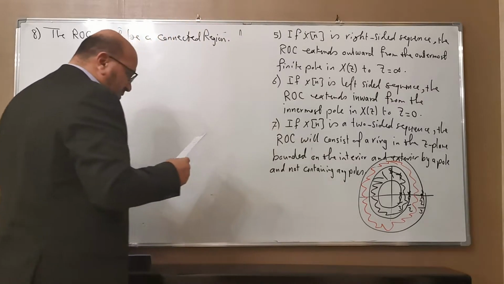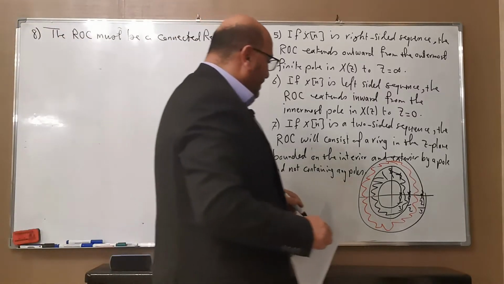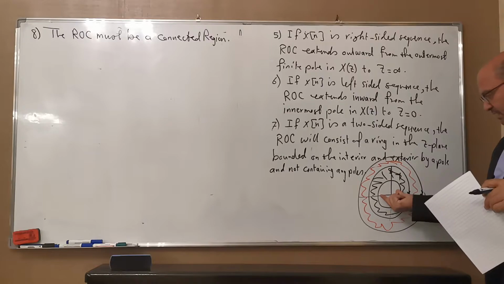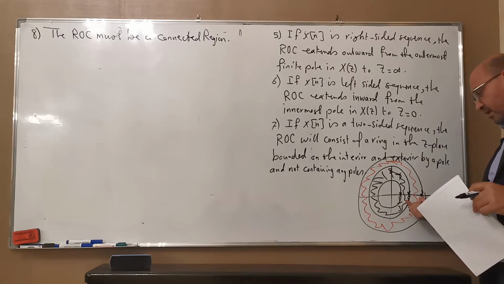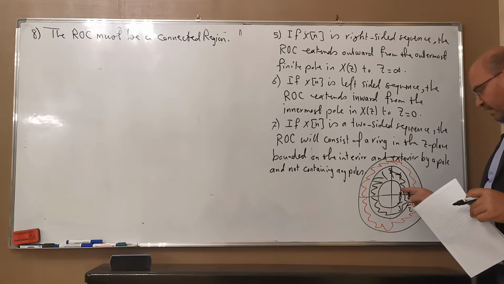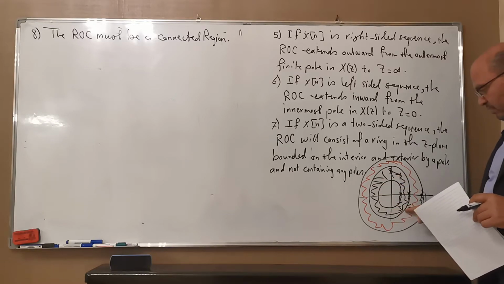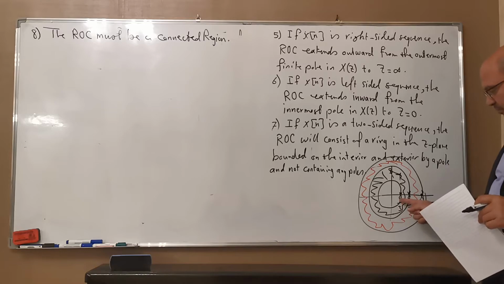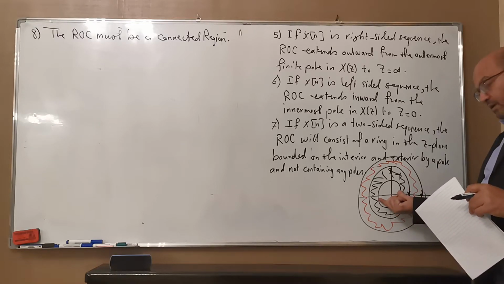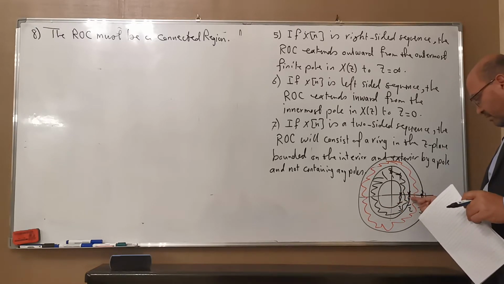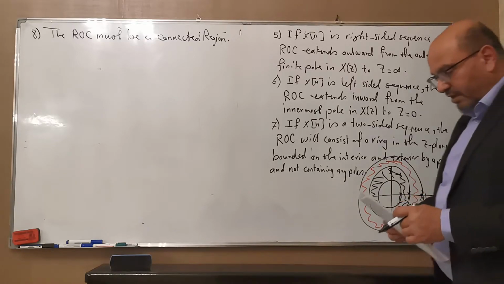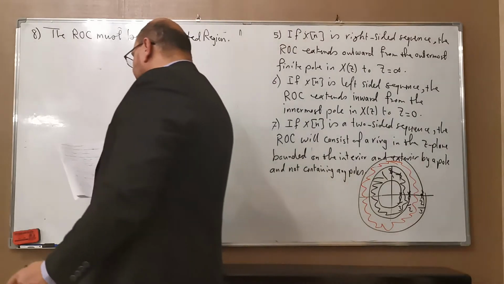So it must be a connected region. So we cannot say that this disk inside, union this red ring, are not connected. So you cannot say that the inside of 1/3 as a region, union the region between 1/2 and 2/3. These are not connected, so it cannot be a region of convergence. Okay.